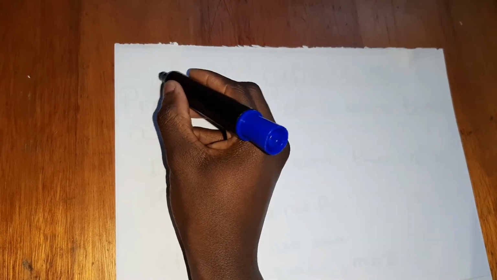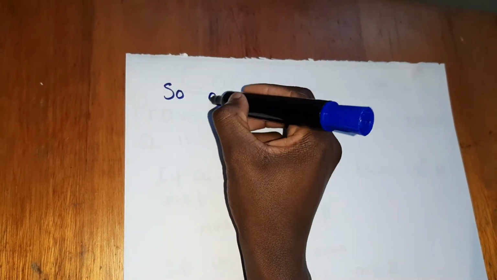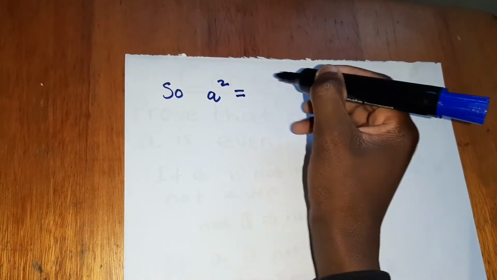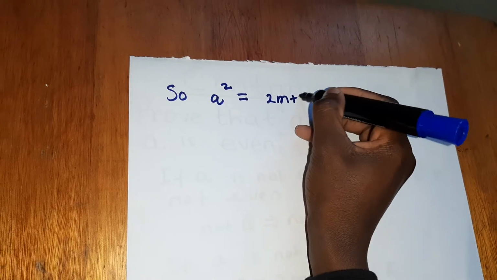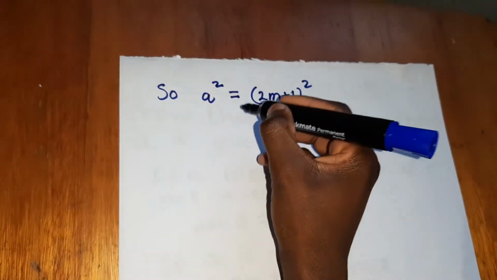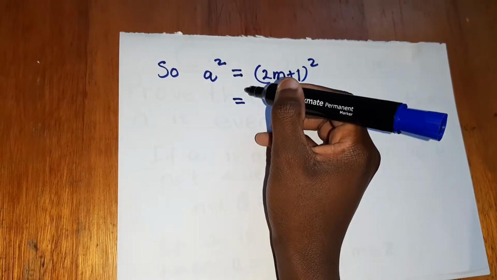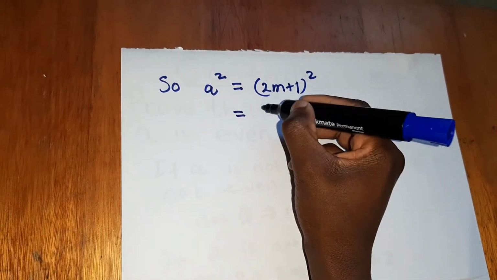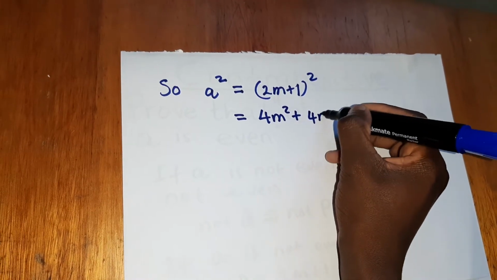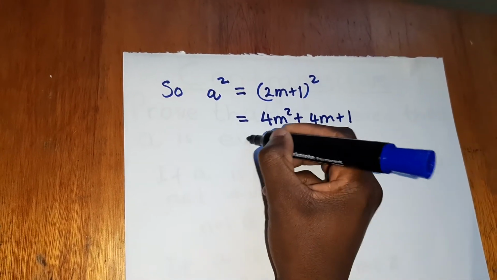Since we have said that A is equal to 2m plus 1, now we'll say so our A squared is equal to (2m plus 1) all squared, right? Then if we simplify (2m plus 1) all squared, it will give us 4m squared plus 4m plus 1.